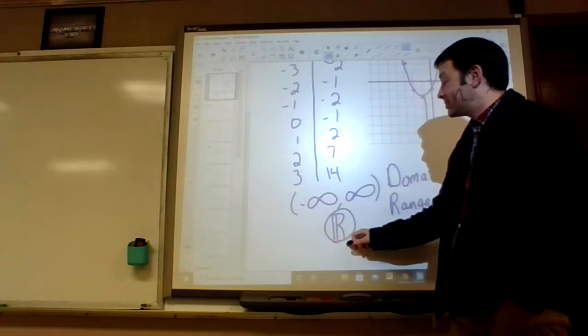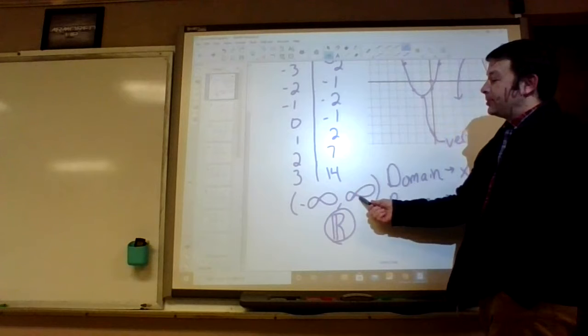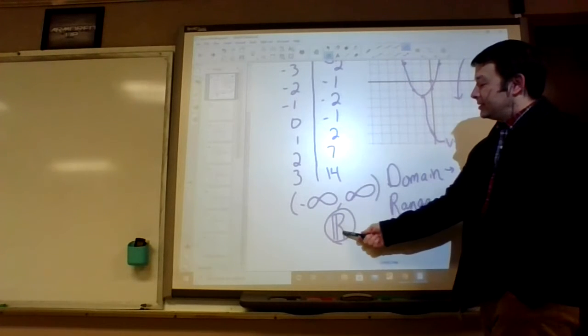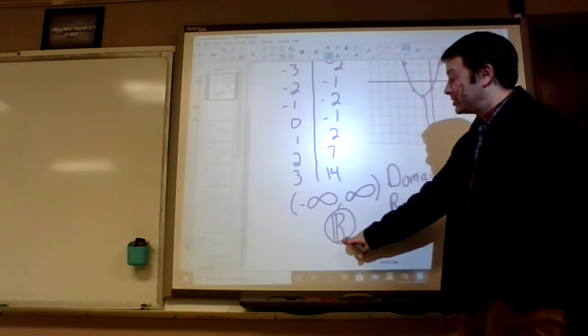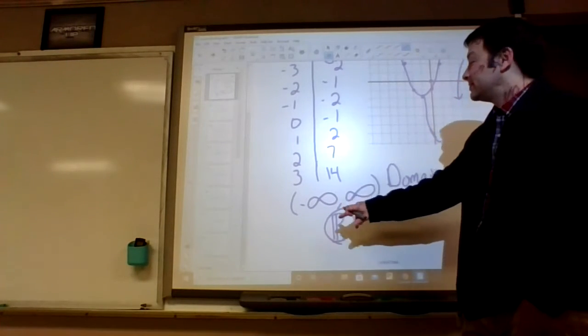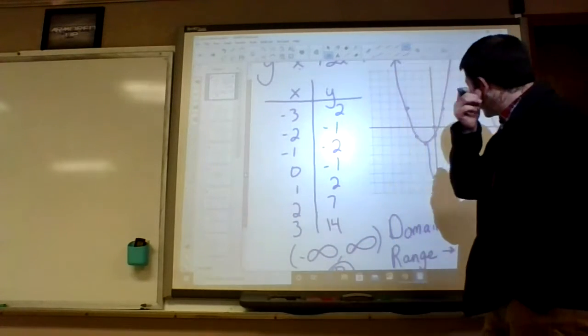That's how this book does it. This just gives a lower limit and an upper limit. That just tells you it's everything. There's two different ways. This is the way the book does it. I kind of prefer this way, but since we're using this book, we'll do it this way.